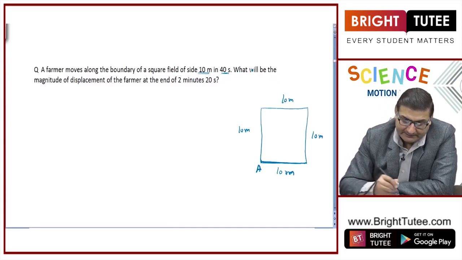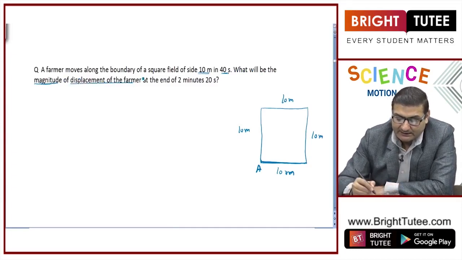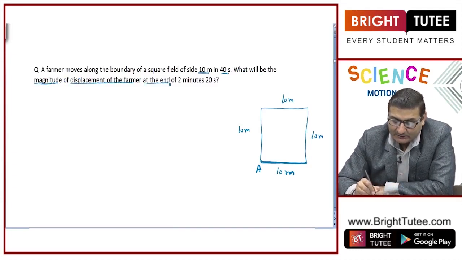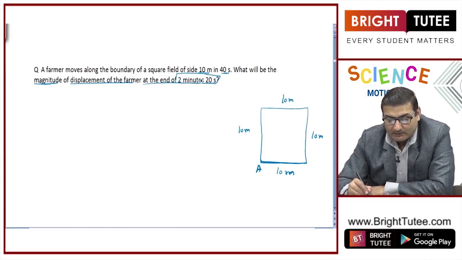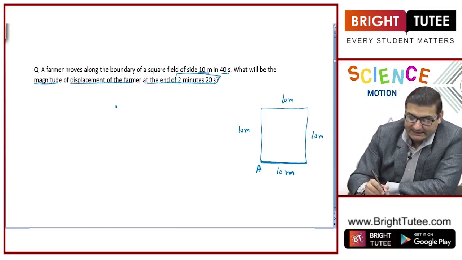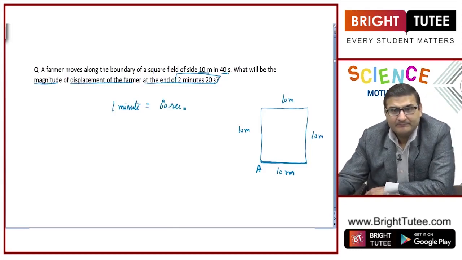What will be the magnitude, that is the amount of displacement of the farmer at the end of 2 minutes 20 seconds? Now when I talk about 2 minutes 20 seconds, I know that 1 minute is equal to 60 seconds, right.